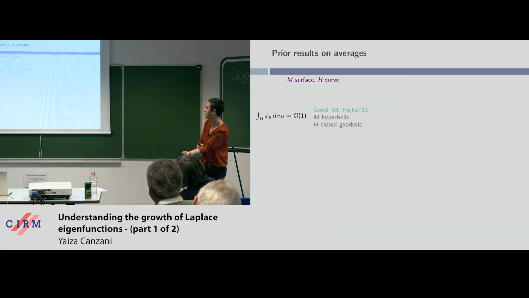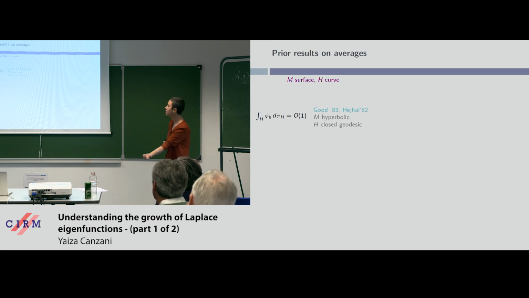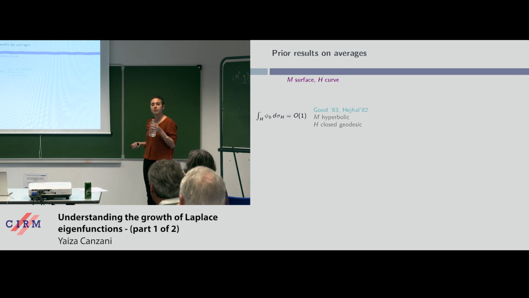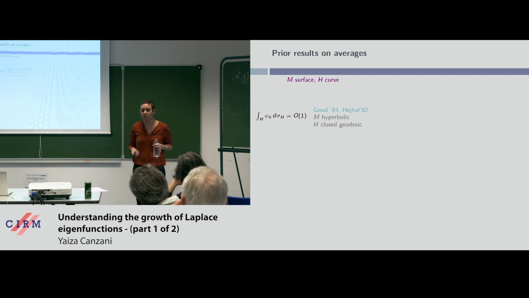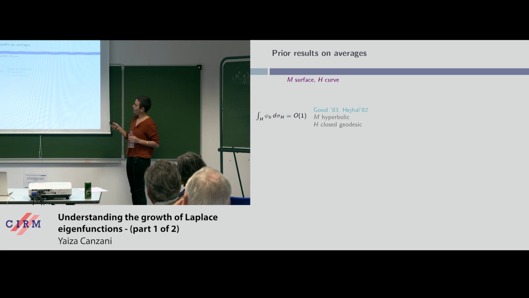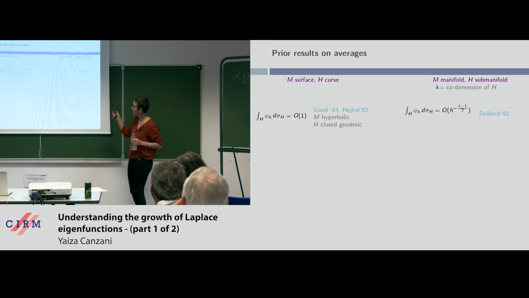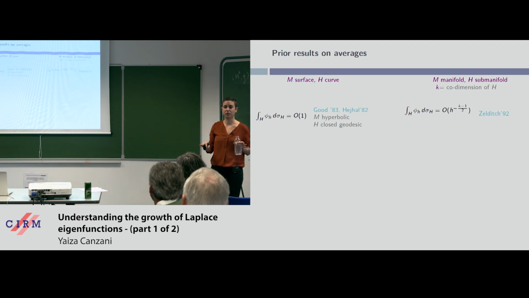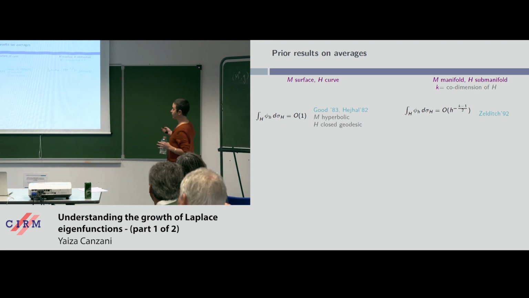In 82, 83, Good and Hejhal proved that these averages are bounded above by a constant if you're working on a hyperbolic surface, when H is a closed geodesic. Ten years later, Zelditch proved that actually you don't need any assumptions on the geometry of your manifold or your curve. This bound is always true.